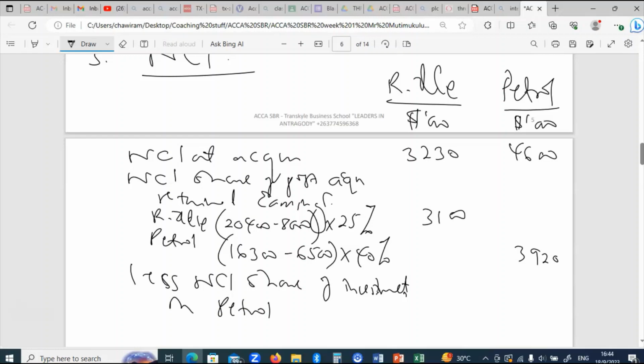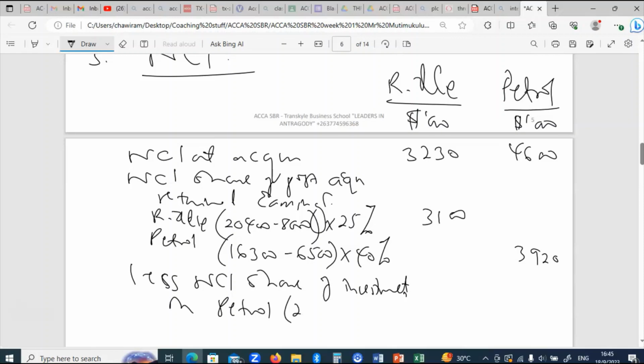Now, we know that when we calculated the consideration transferred, we said that Bensot paid 75%. So the NCI should also follow the same part. The NCI there in Redo was 25%.